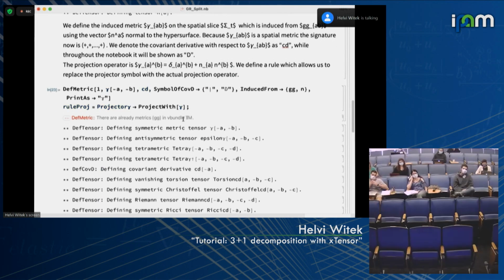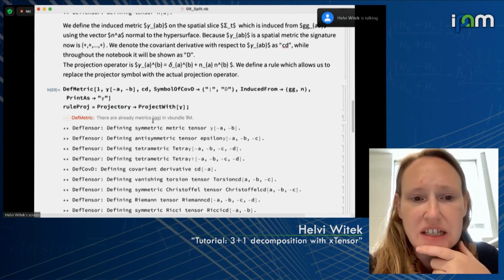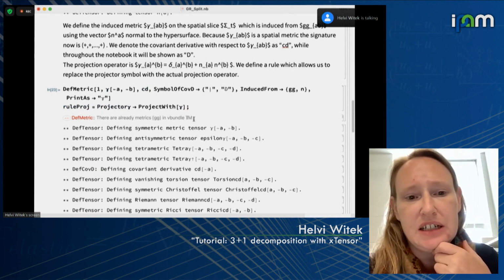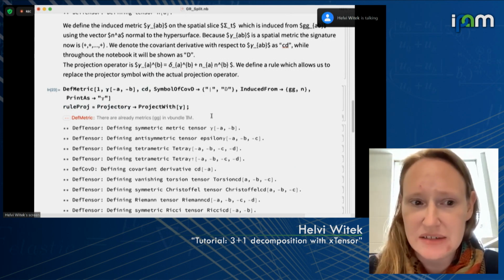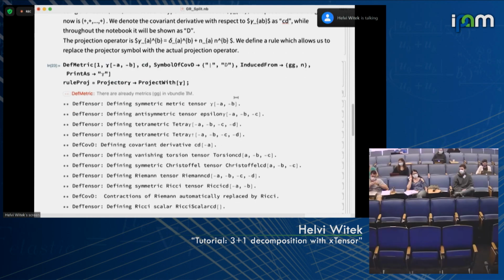You have something which looks like an error message: there are already metrics, GG. Yes, this is just a warning because we already defined our metric G on the same manifold. It's just warning me that I already have other metrics defined here. Is gamma still considered a metric?